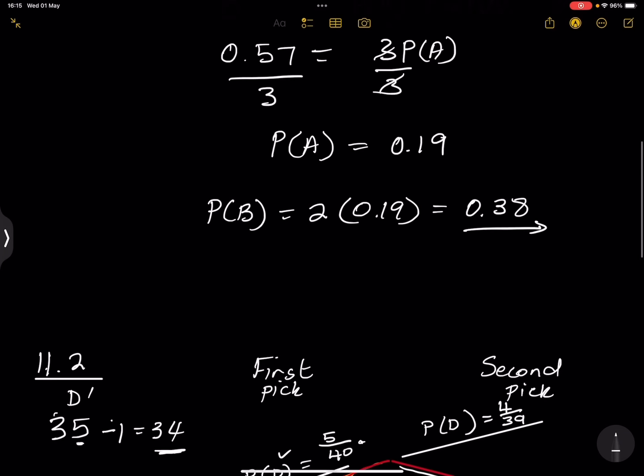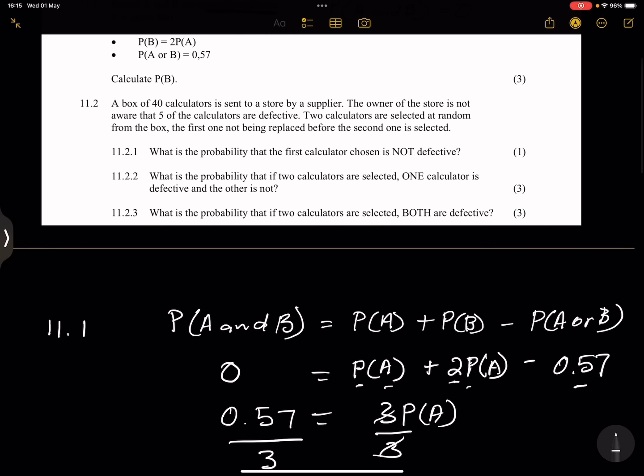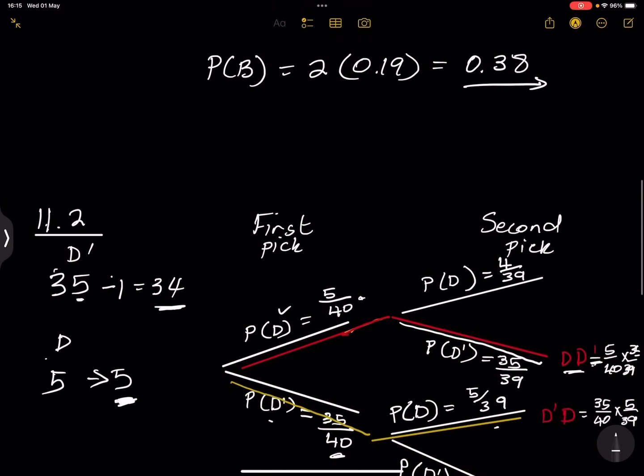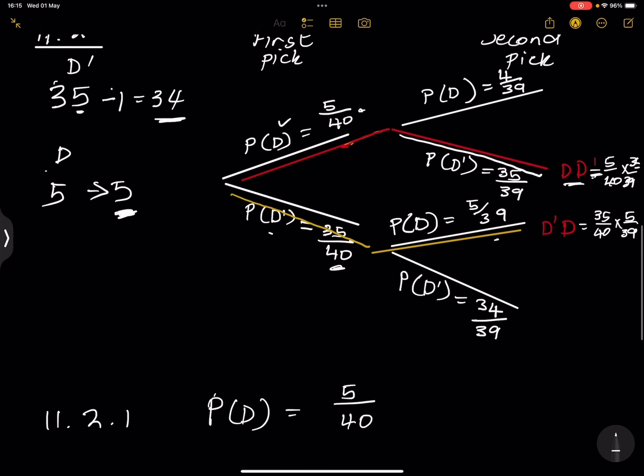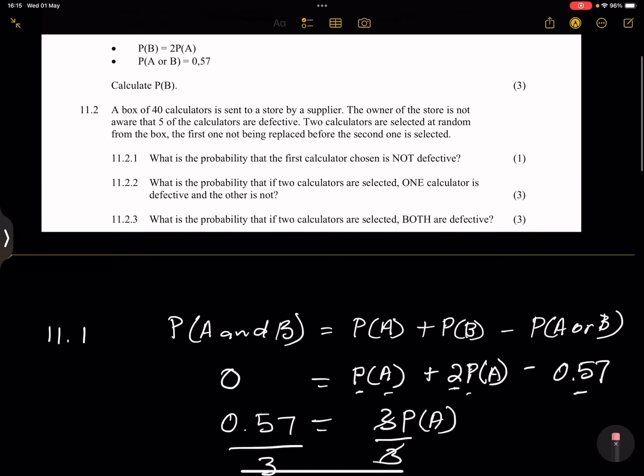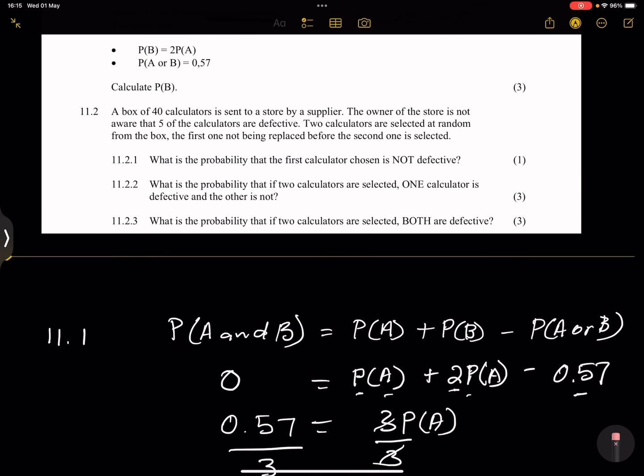Right, so the last question here, they say to us, what is the probability that if two calculators are selected, both are defective? Right, so let's go on to our tree diagram again. So which path are we going to pick? Right, so we are looking for, they said both are defective.